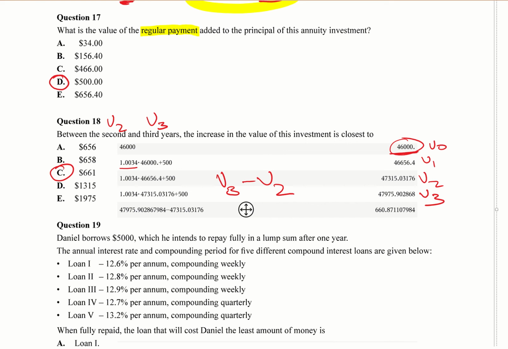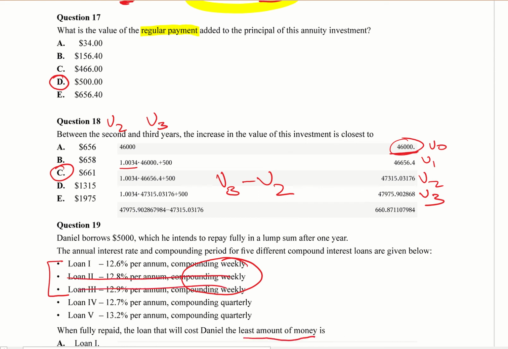First off, I'm going to look at loans 1 to 3, and the reason I'm doing that is because the compounding period of those 3 is the same. Of those 3, I can narrow it down to loan 1 giving me the least amount of money. Keep that in mind.